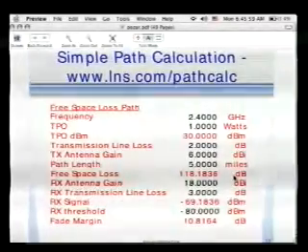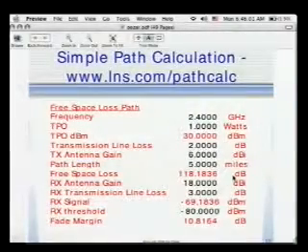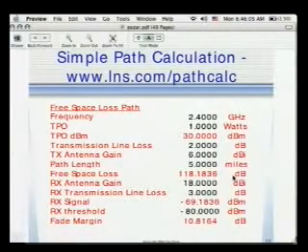I have a simple path calculation you can get at my website called lns.com/pathcalc. It's just an Excel spreadsheet, and there's also a Perl script up there that will figure it out for you. You stick in how many watts you have, what frequency you're going to be running at, antenna gains, things like that. And it'll tell you what's called the fade margin, which is the end result, what you need to know.